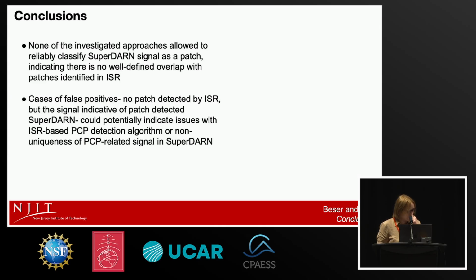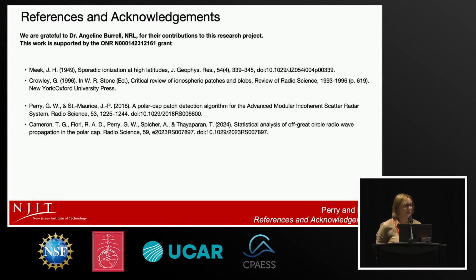Cases of false positives, so no patch detected by ISR but the signal indicative of a patch detected in SuperDARN, could potentially indicate issues with the ISR-based detection algorithm or non-uniqueness of polar cap patch related signal in SuperDARN. So thank you.